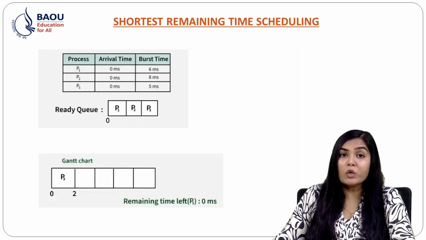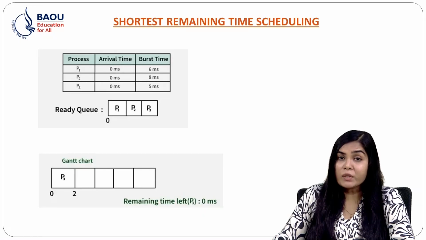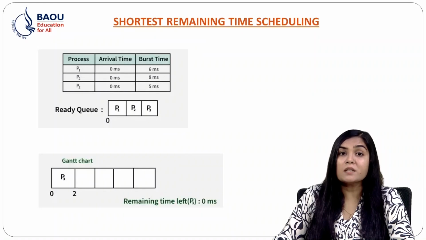Time 0 to 5 will be allocated to process P3. P3 runs for 5 milliseconds. Total time left is 0 milliseconds as it had the shortest remaining time. Next, time 5 to 11 will be allocated to the P1 process.